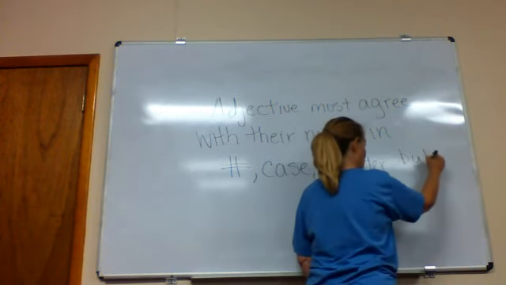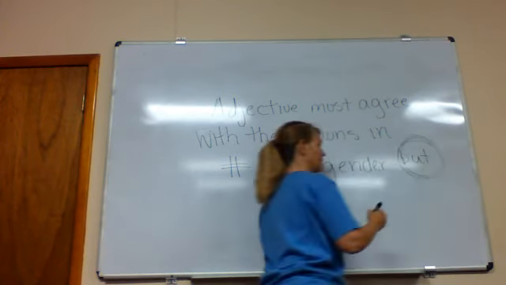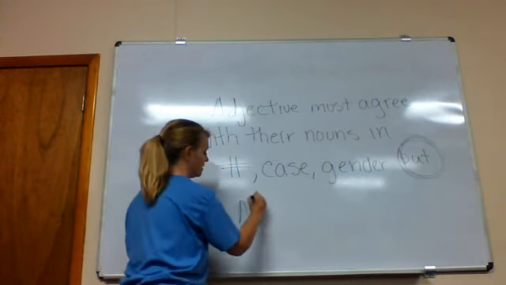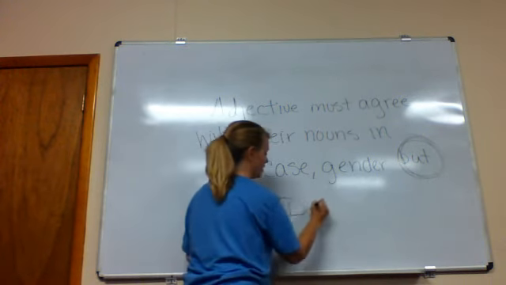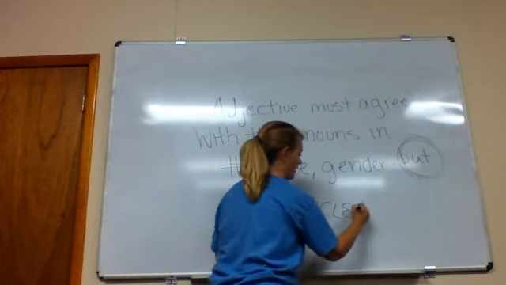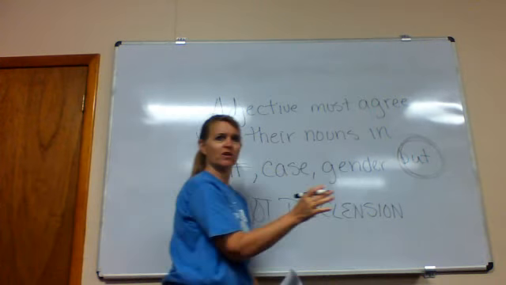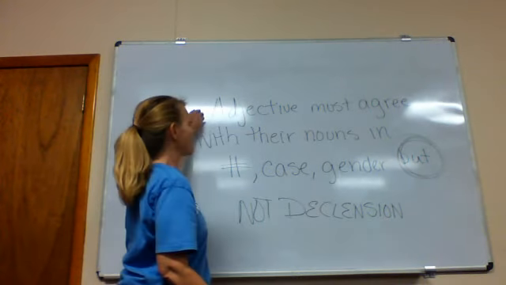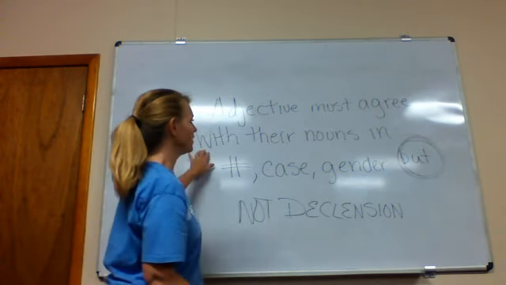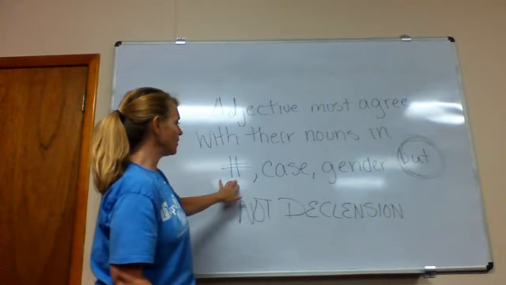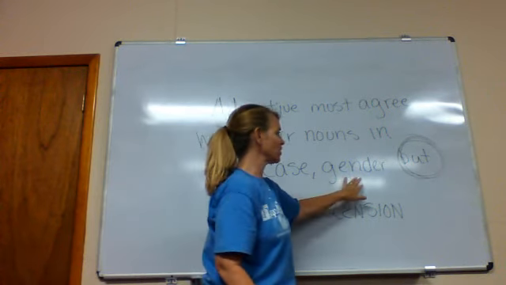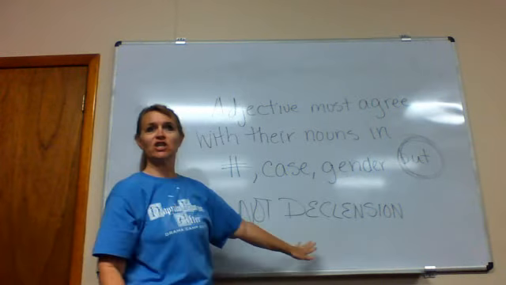We'll circle back to that, but not declension. This is so important, so let's say this together. Adjectives must agree with their nouns in number, case, and gender, but not declension.